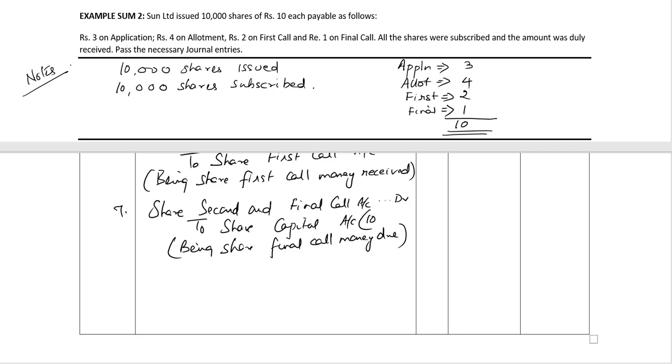The number of shares is 10,000 multiplied by 1 rupee, the final call amount for one share. Comes up to 10,000 rupees.